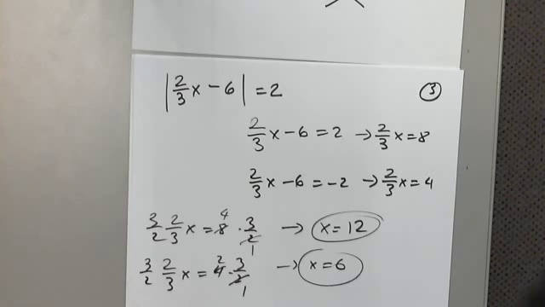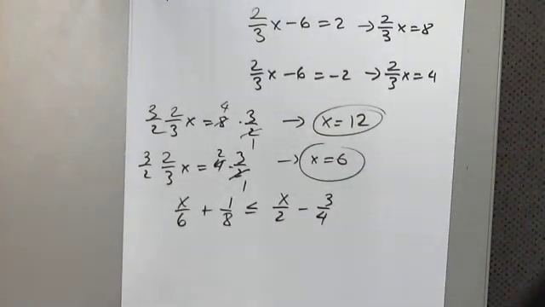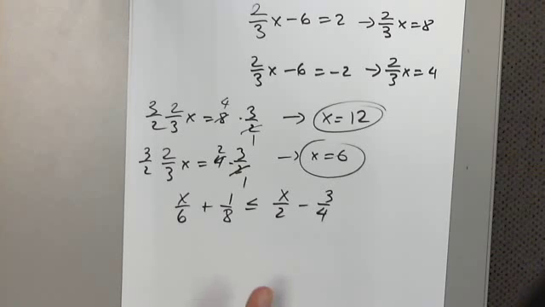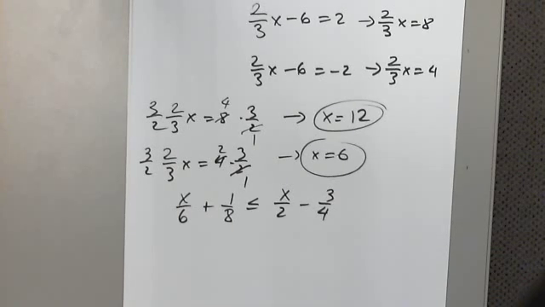Next one. X over 6 plus 1/8 less than or equal to x over 2 minus 3/4. When I get news like this, I'm happy that I'm here with you.